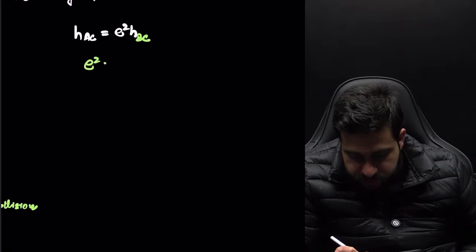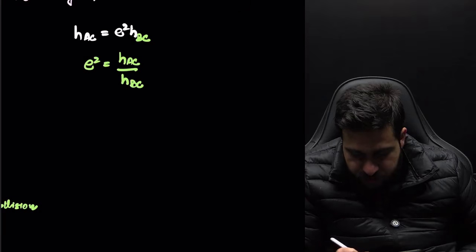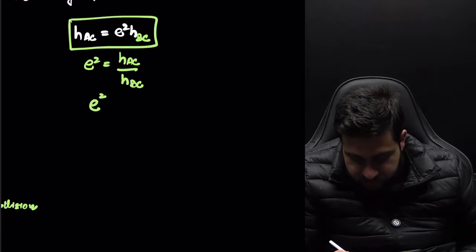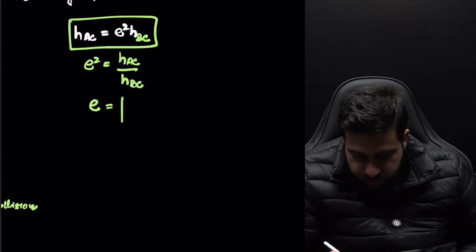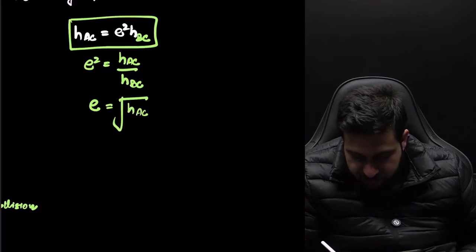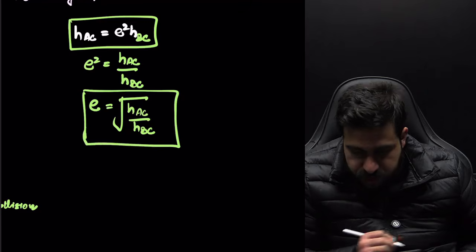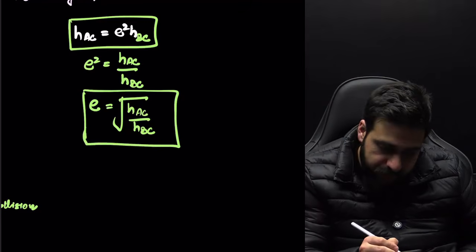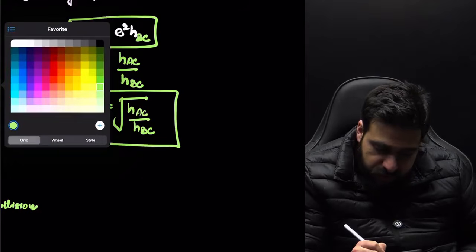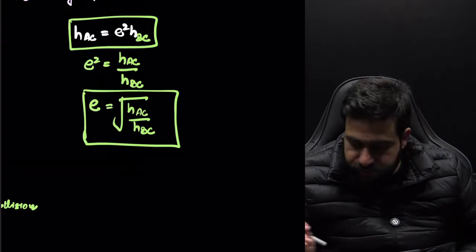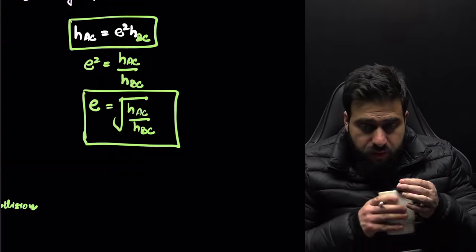From here you can say E square is equal to height after collision upon height before collision. Keep this in a box, and E will actually be under root of height after collision upon height before collision. In some questions you'll be using this particular formula.